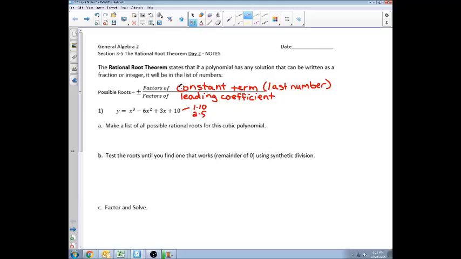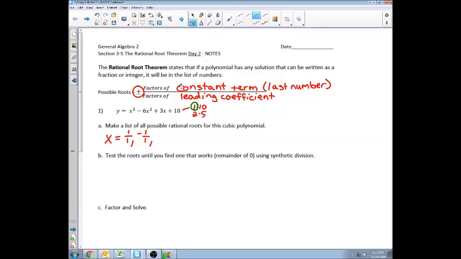So let's make a list of all possible rational roots for this cubic polynomial in example 1. So x will equal, I'm going to take, don't circle these, I'm just going to show you something, 1 over 1. But the rational root theorem says it's got to be plus or minus. So it's also going to be negative 1 over 1. Okay?